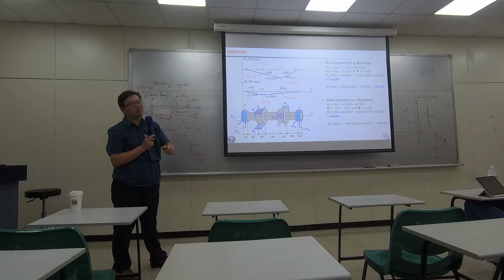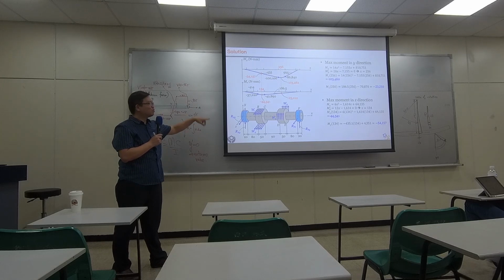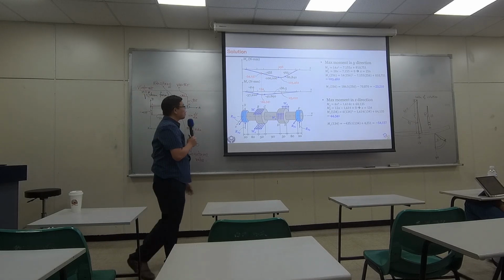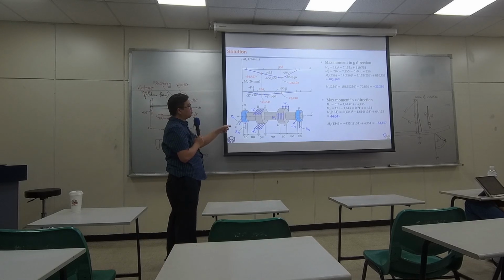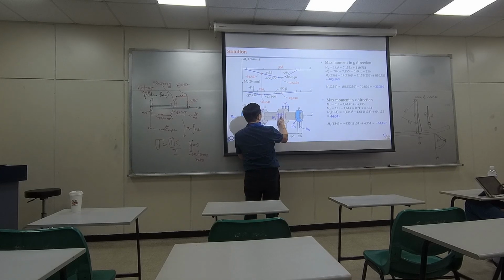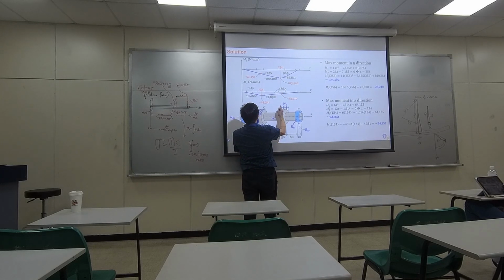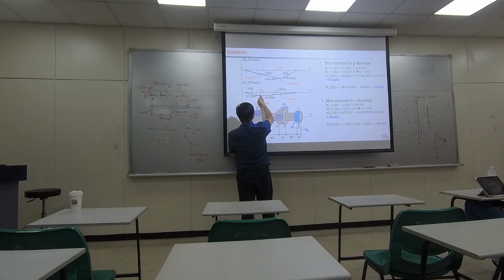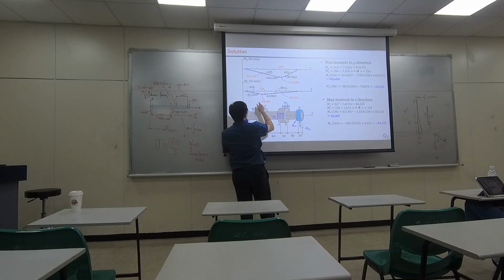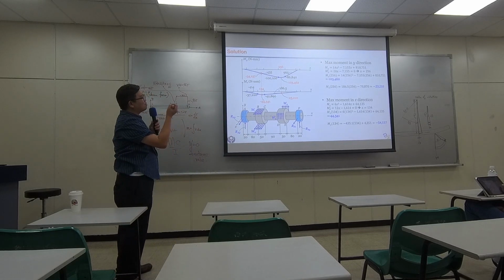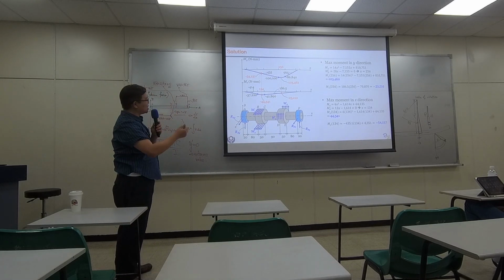I guarantee you in the exam, I won't give you two directions, no problem. Only one direction, no time for this. But in practice, I want you to learn how to do it. So at this particular point, we have moment along y and moment along z. At this particular point, also moment along y and z. You can plug into those equations to get the exact moment in y and z.